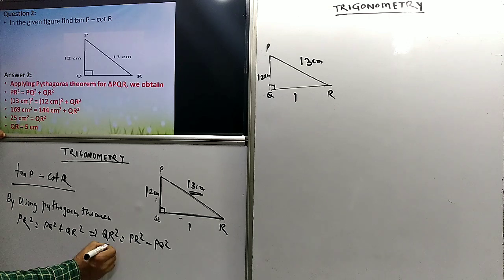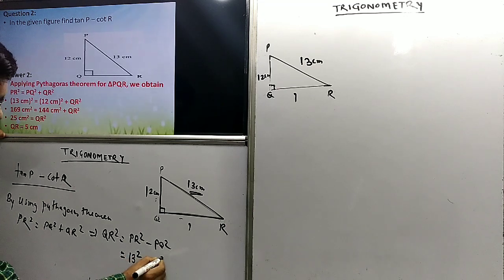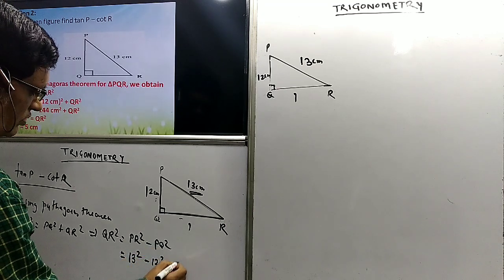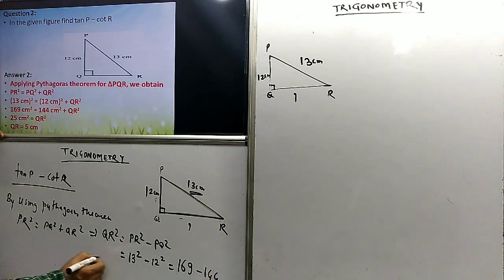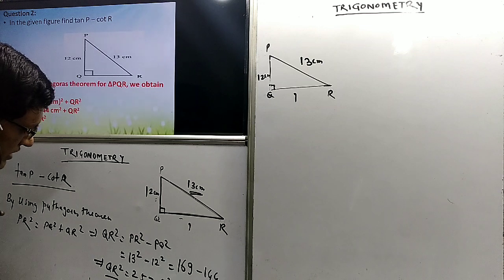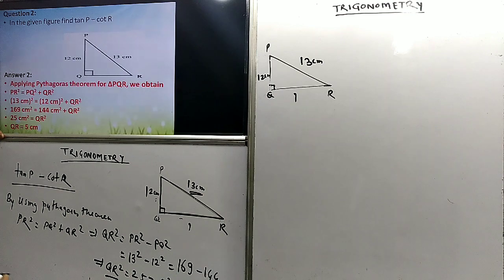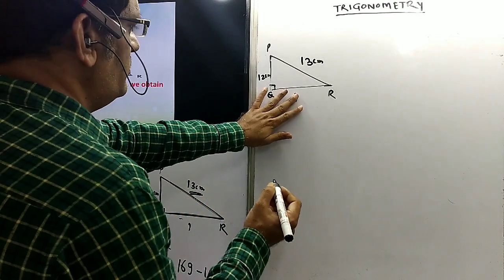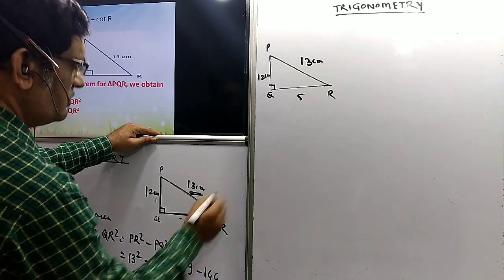PR square is 13 square, which is 169, minus 12 square, which is 144. So QR square is equal to 25, which is 5 square, so QR equals 5. So QR is 5 centimeters.